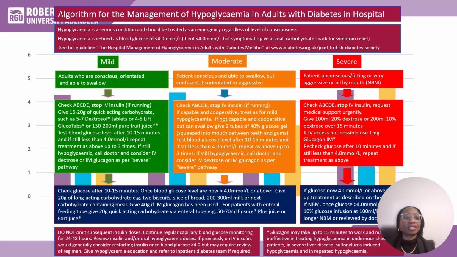It is defined as a blood glucose of less than 4.0 millimoles per liter, okay? And they are symptomatic as well. This again varies. We have some people with a higher threshold and a lower threshold, but every person gets to know themselves and to know what their threshold is. So here again, you can pause this video and have a look at how this will be treated in a hospital setting. Importantly, it's in a hospital setting.